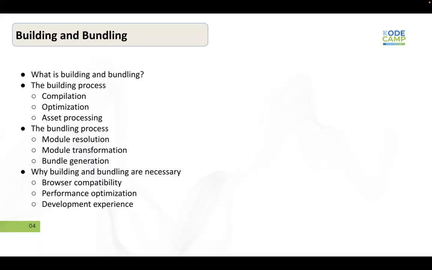Then for production build characteristics, we have thorough optimization. Minification is enabled in production, tree shaking, code splitting, and asset optimization. For modern build requirements, this includes TypeScript support, modern JavaScript features, framework integration, and all of those things.